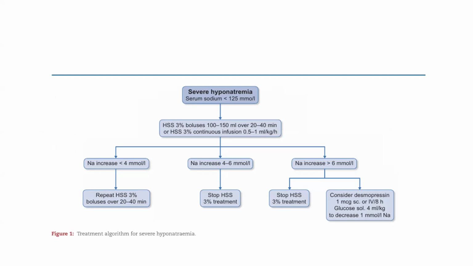If the increase in sodium is less than 4, then we have to repeat the 3% hypertonic saline bolus over 20 to 40 minutes. If the rise in sodium is 4 to 6, stop. If sodium rises more than 6, stop and consider desmopressin 1 mg subcutaneous or IV every 8 hourly, and dextrose, that is 4 ml per kg, to decrease sodium by 1 mmol.